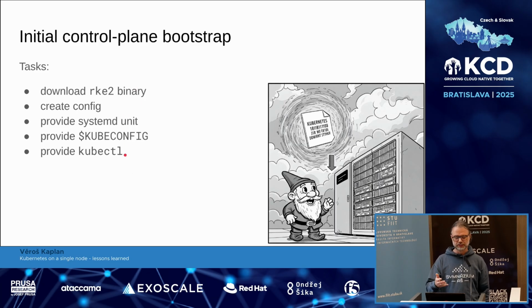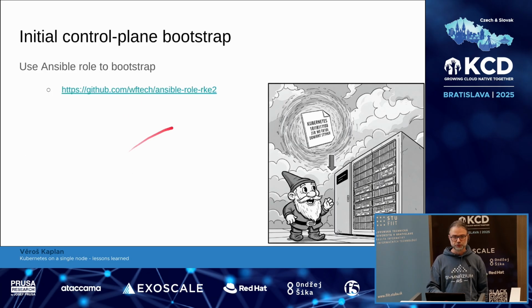So these are five simple steps. And of course, as we are using Ansible, you can use, for example, some Ansible role to deploy that. Please don't try to use that role at home. It works for us and for our customers, and there are probably rough edges.